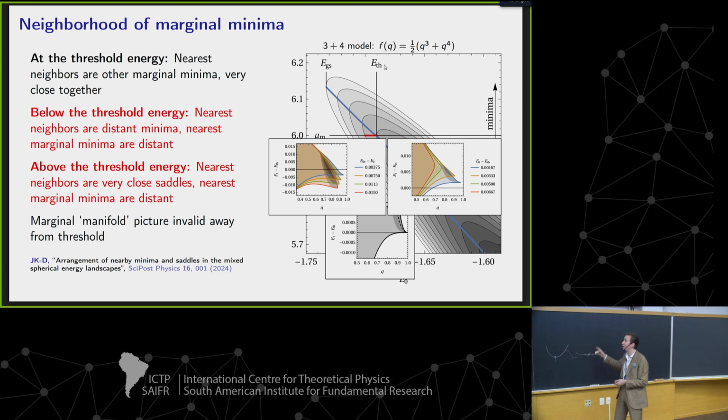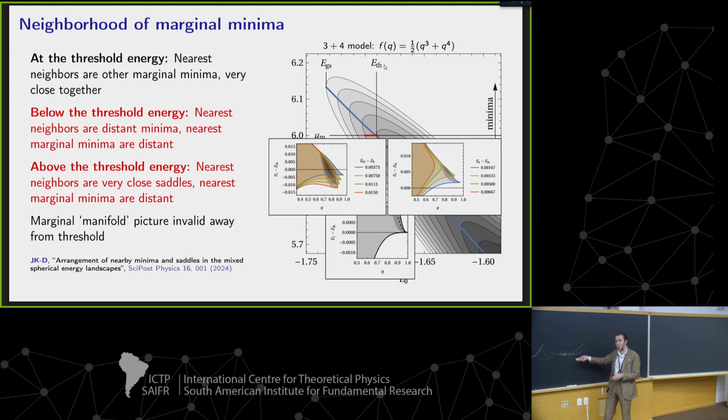So in fact, what is probably happening in these below and above scenarios is that you have little tiny groups of marginal minima very sub-extensively close together, because of these little flat perturbations, which nonetheless, by the time you get an extensive distance away, even a very small one, have somehow left that energy level. I don't know.